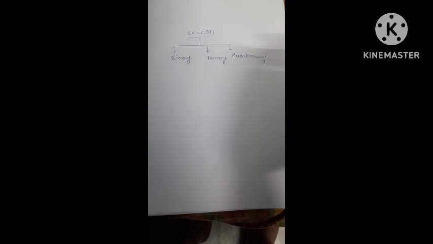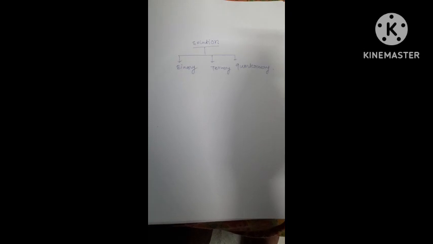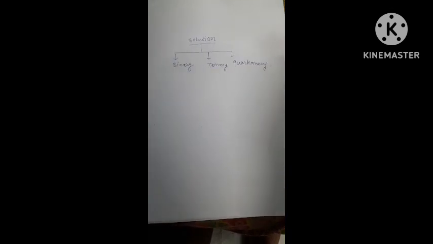And ternary means three. That means the solution in which three components are present, or which is actually made up of three components, they are known as the ternary solution. So what are the quaternary solution then? Quaternary solutions are those solutions which are prepared by dissolving four components with each other.